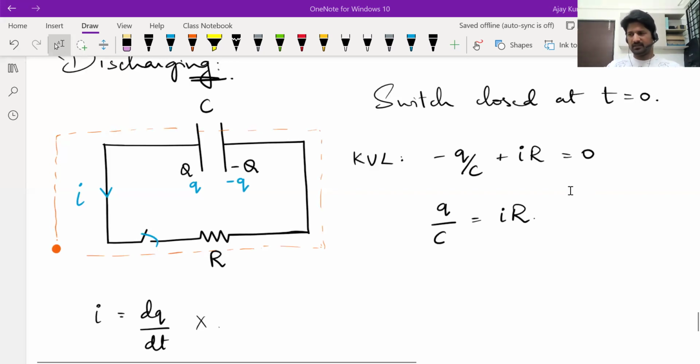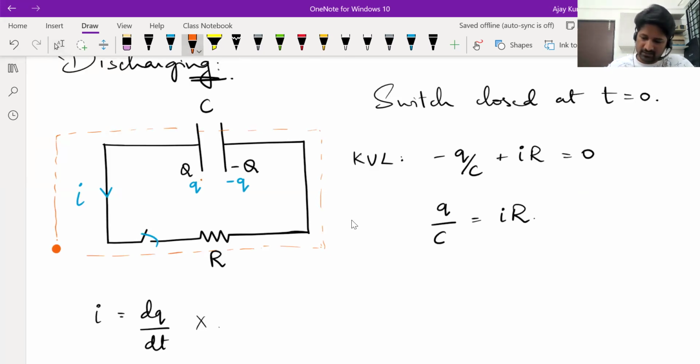Okay. See, current by definition is rate of flow of charge. Fine. So here I is the rate at which charge flows through that wire. That's fine. But here we have assigned the symbol Q to charge on the left plate of the capacitor. Now, if current flows in the direction that is shown in the diagram, what happens to this Q? Does it increase or decrease? It decreases, sir. So Q is a decreasing quantity.